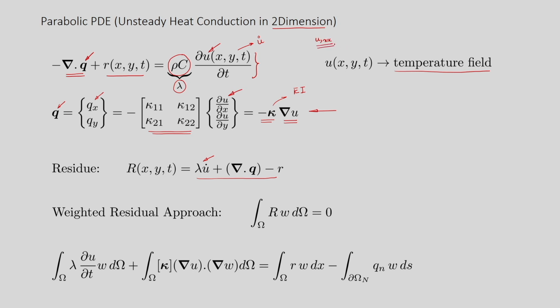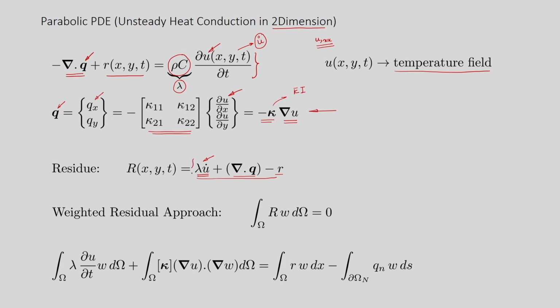So, this represents the derivative with respect to x, and the dot will represent the derivative with respect to time. Now, the right hand part is lambda into u dot. The first term in the left hand side is del dot q. These are all vectors, that is why they are represented in bold letters, minus r, the heat generation term. So, heat generation per unit area.